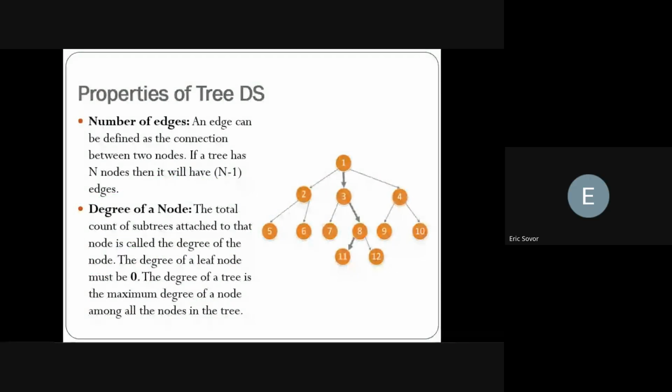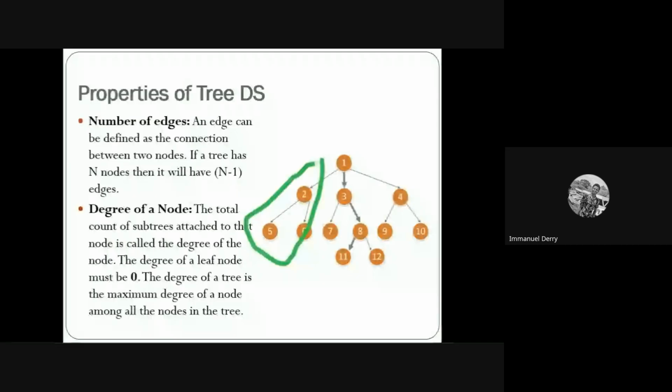First, we are trying to get the degree of nodes. And I'm saying that before we get the degree of a node, we need to count the subtrees attached to a particular node, right? And now this is a subtree of the entire tree that we are seeing.